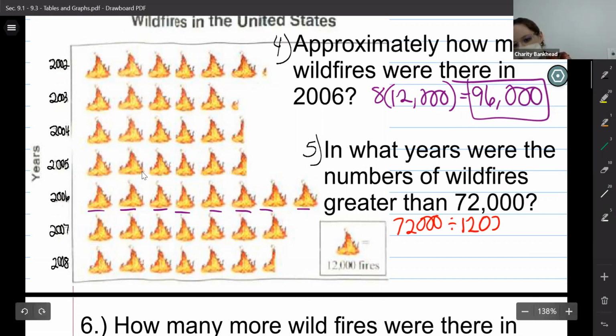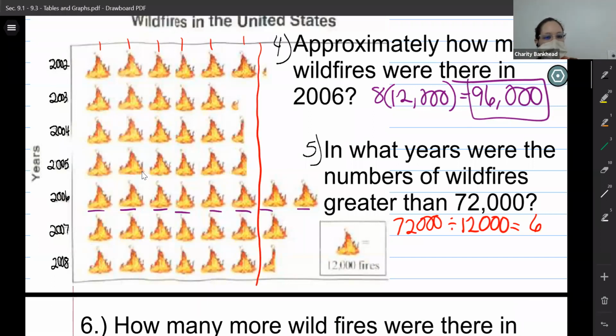So basically the 1,000 cancels out, and I'm just saying 72 divided by 12, which is 6. So 1, 2, 3, 4, 5, 6. So 2002 has like a little bit past that. So that's going to be one of them. And then 2006, 7, and 8 are past that.